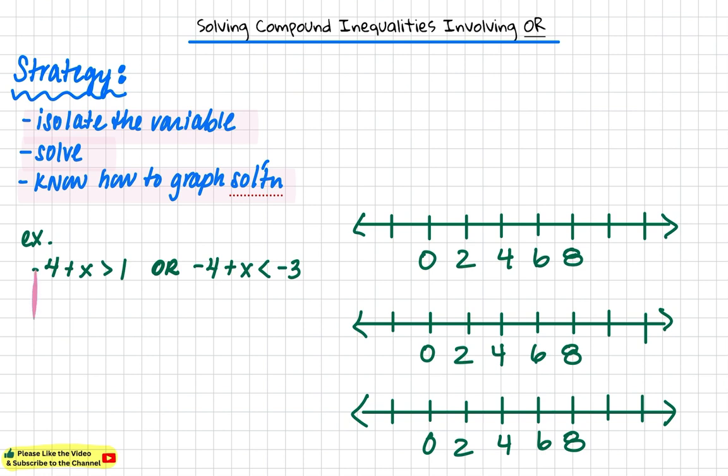We have a -4, so we're going to do +4 on both sides. And then for the "or" part, +4 on both sides again. x is greater than 5. First graph, we're going to have 5, and it is just greater than, so it's going to be a hollow circle, so 5 is here, and x is going to be larger than that.